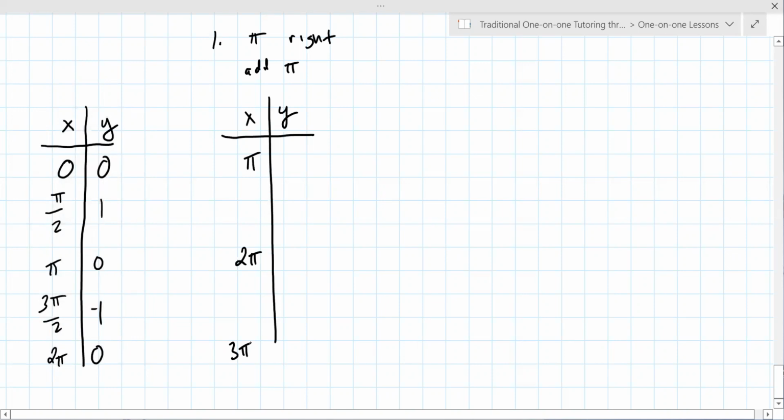Where it gets more difficult is, what's pi plus pi over 2? Well, think of pi as being 2 pi over 2, which reduces to pi. So when you're adding it to pi over 2, it's 3 pi over 2. And then this is 5 pi over 2 by the same thing.